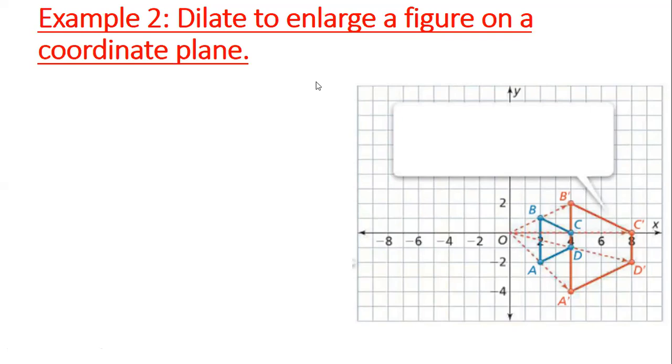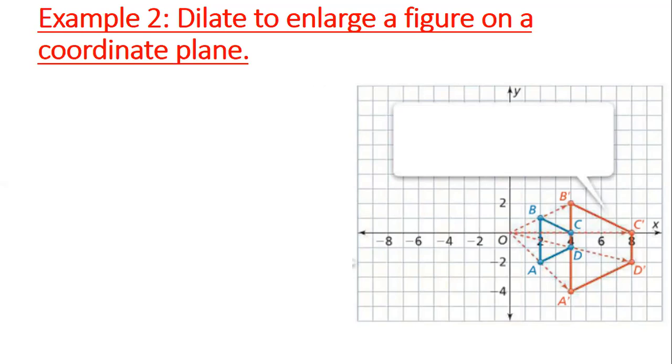What are going to be these two things that we talk about during dilation? I told you before in the slides before. The side length.